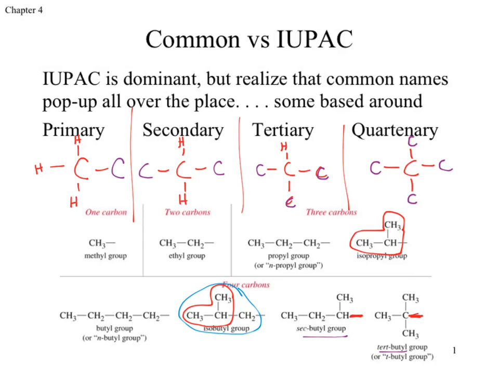When we look at the sec-butyl and the tert-butyl, remember these are carbons that are attaching to a longer chain. So if we real quickly drew a jagged line, let's say that's just a bunch of carbons there. How would we reference that carbon that's attached? Is it primary, secondary, or tertiary?